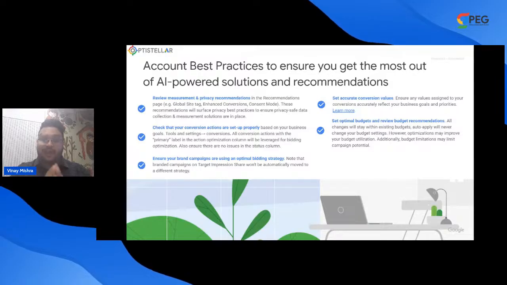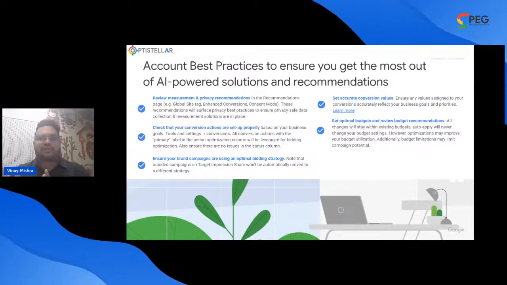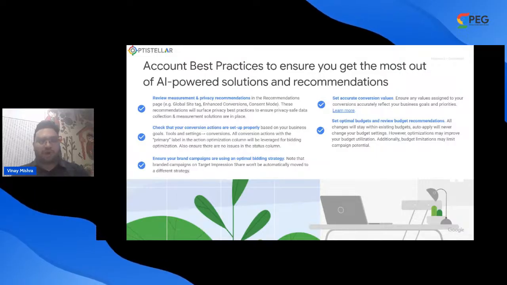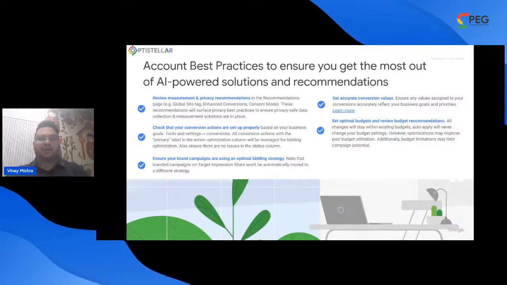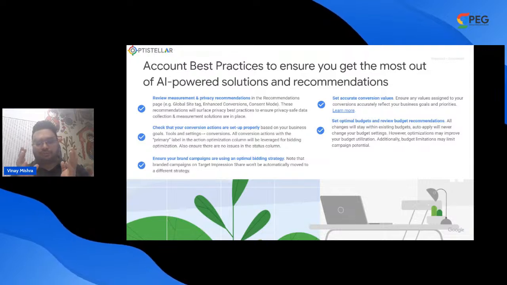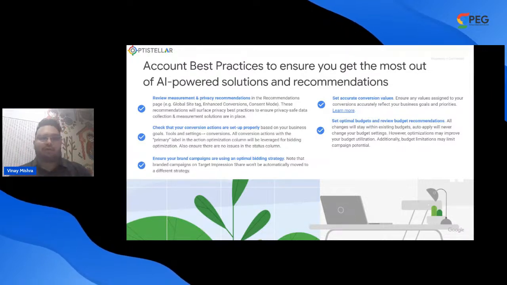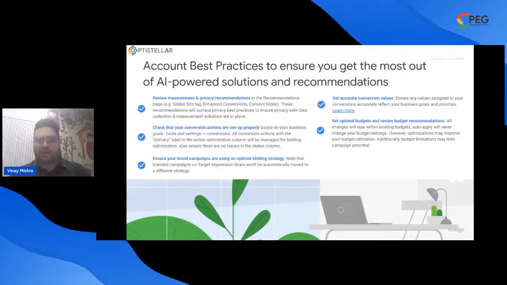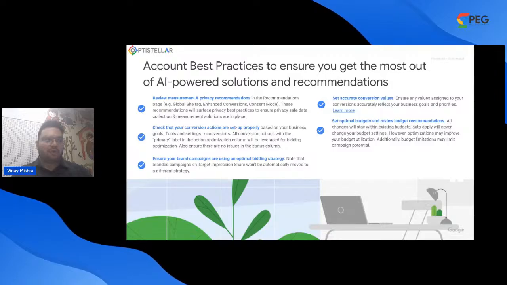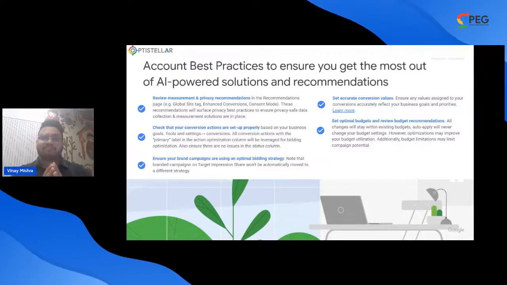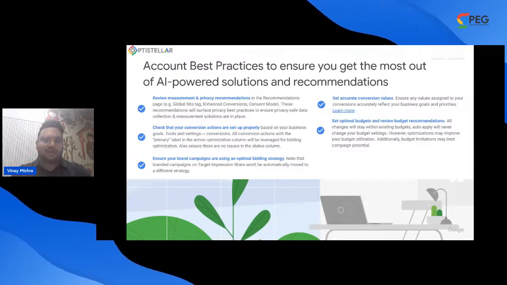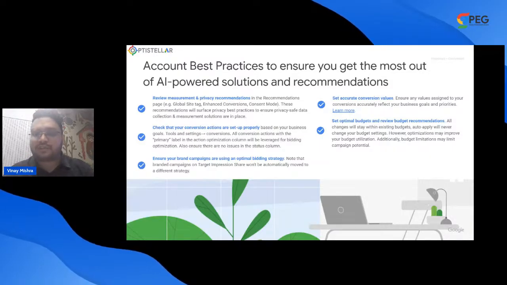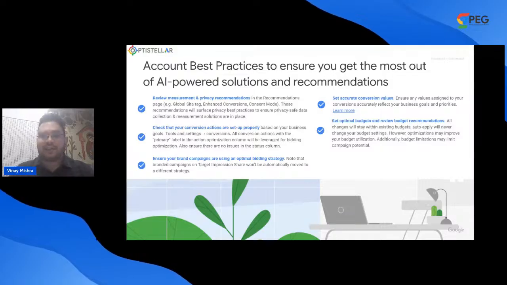These recommendations will help ensure smooth serving, and that the best practices are always in check with respect to your creatives and your campaigns, so that the algorithm can read the data properly and accordingly suggest recommendations, right? So it is very important that your measurement and privacy recommendations are set right, and at the same time, please make sure that the conversion actions you've created are set up properly.